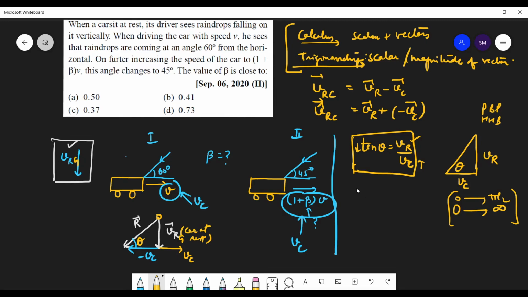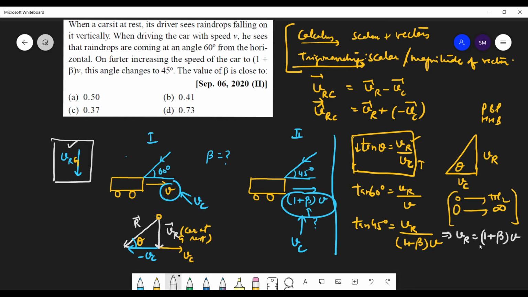Now in the first case, tan 60 degrees is equal to vr upon velocity of car, which is v. In the second case, the angle is 45 degrees, so that's vr upon (1 plus beta) into v. Students, tan 45 is 1, so vr is equal to (1 plus beta) into v.